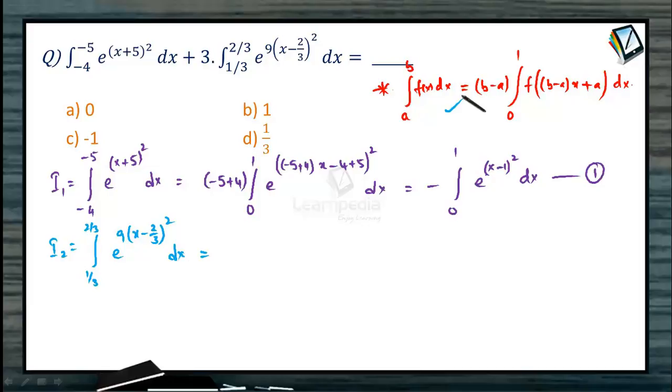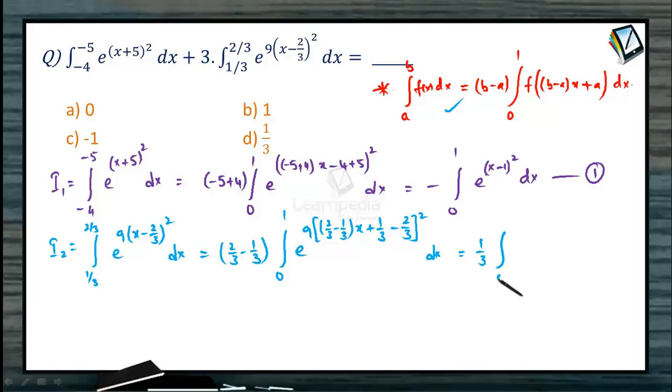Now again when we apply the same result, this becomes (2/3 - 1/3) times the integral from 0 to 1 of (e^(9((2/3 - 1/3)x + 1/3) - 2/3))² dx, where x is replaced with (b - a)x + a, which is simply 1/3 times the integral from 0 to 1. Yes, here also it would be (e^(x-1))² dx.